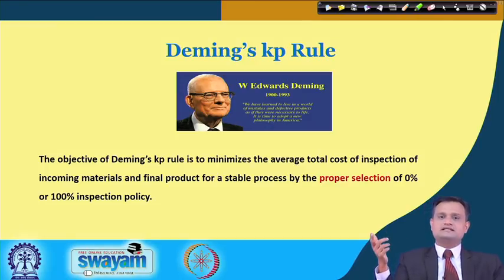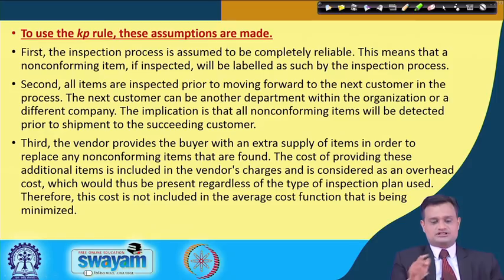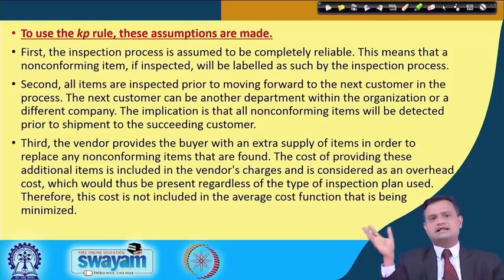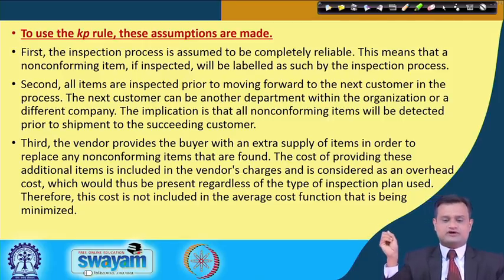I want to minimize the average total inspection, and also I want to consider the final product related cost, maybe the cost of rework or cost of replacement, and maybe its effect on the final performance of the product, and I will consider a stable process. To use the KP rule, there are certain assumptions that need to be satisfied.